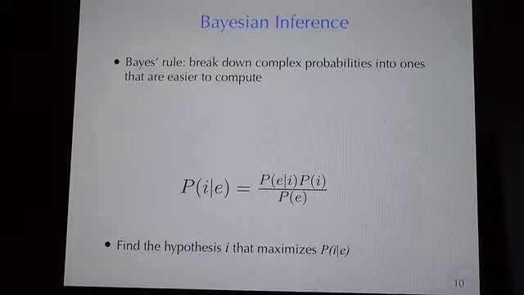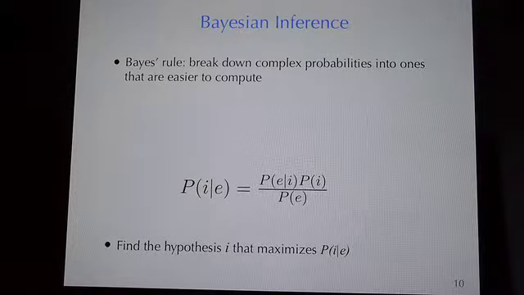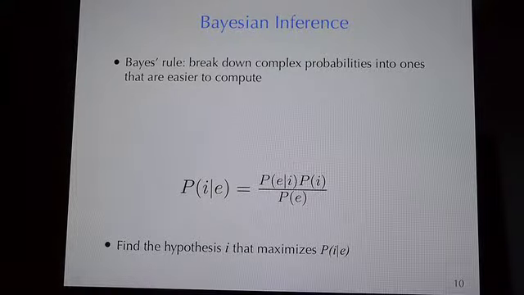A very common and widely used type of inference is called Bayesian inference. This is called Bayesian after the well-known mathematician Bayes, who suggested a rule that's now commonly known as the Bayes rule. The idea behind this rule is, if you need to make some inference and you need certain information that's complicated, try to break it down into simpler components that are easier to estimate.